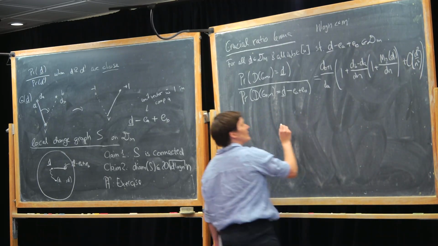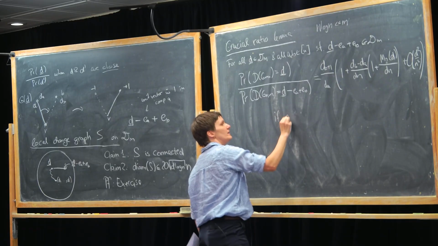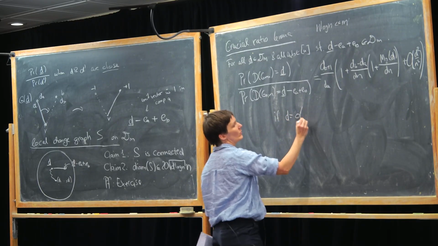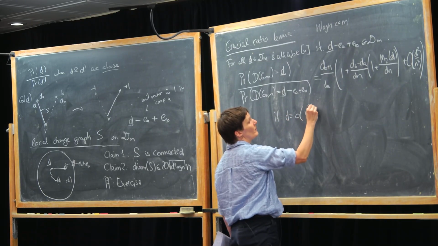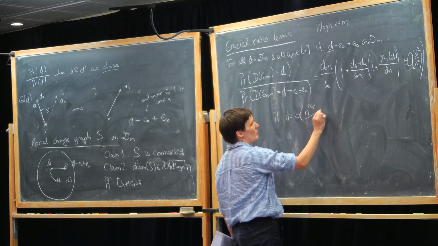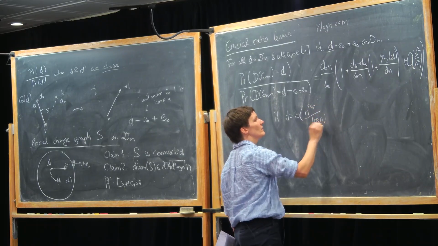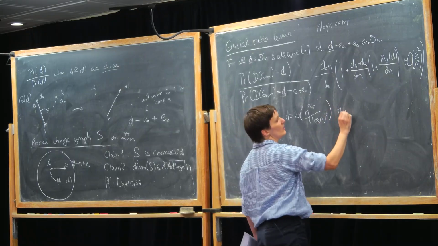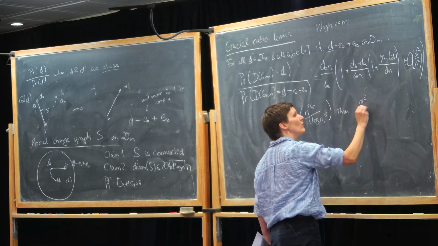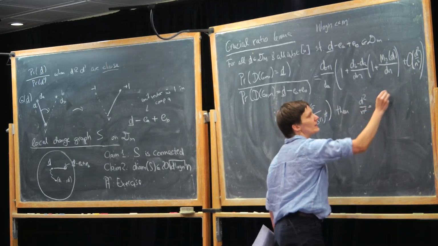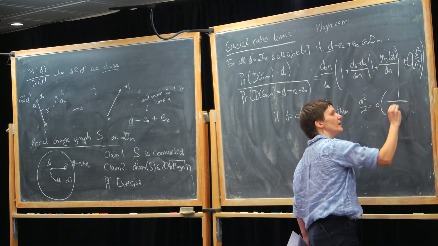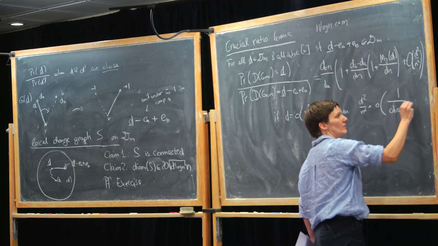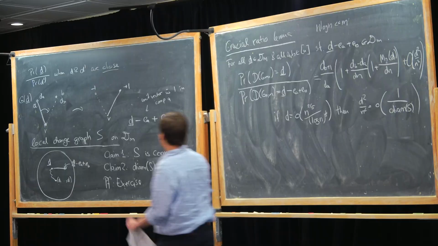The point is that if D is little o of N to the 2/5 over, I think, log N to the 5th, then this D squared over N squared is little o of 1 over the diameter of S. It's a calculation you have to do.